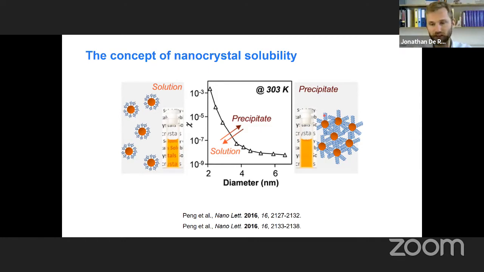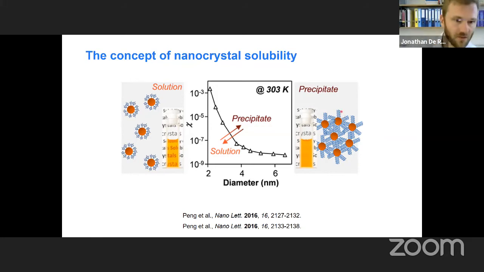In the precipitated state of these nanocrystals, the ligands are crystallizing on the nanocrystal surface. Now, once your nanocrystals dissolve, then in the dissolved state, all those ligands will get conformational flexibility. So you're gaining a lot of entropy in this process, but you're losing enthalpy because you have to give up the crystallization enthalpy of those ligands on the nanocrystal surface.